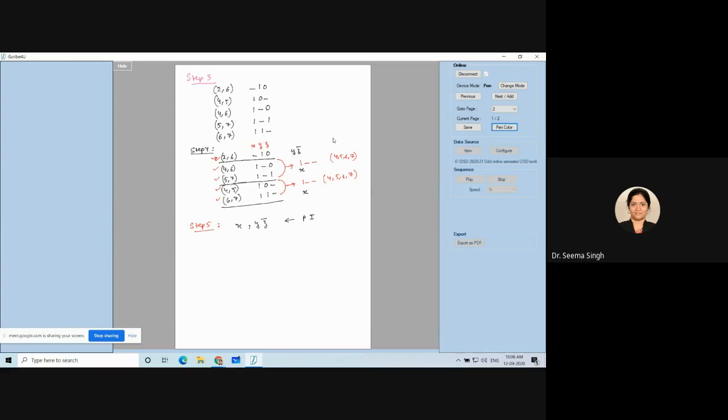We have got prime implicants in step 5. Now the last step of this method, that is step 6, is called the essential prime implicant table.